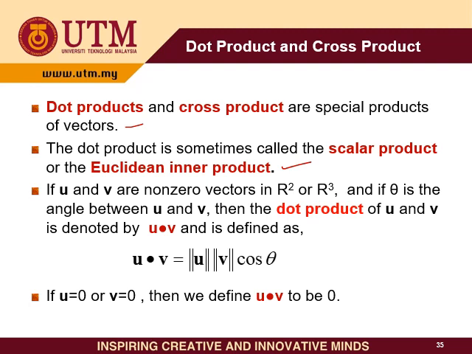If U and V are non-zero vectors in R2 or R3, and if theta is the angle between U and V, then the dot product of U and V is denoted as U dot V here, and defined as the length of U, times the length of V, times the cosine of the angle. If U or V equals 0, then we define U dot V to be 0.